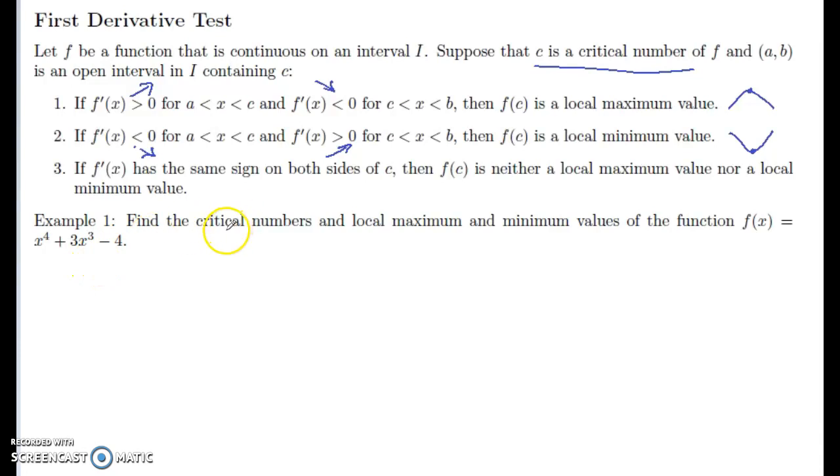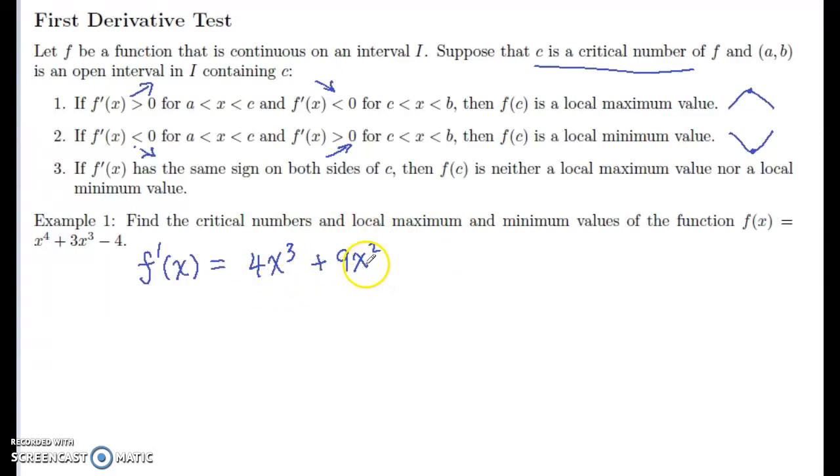So first, we need to find the critical numbers for the function. The function has a derivative f prime of x equals 4x cubed plus 9x squared. In order to find the critical numbers, we need to set this derivative equal to 0 and solve for x.